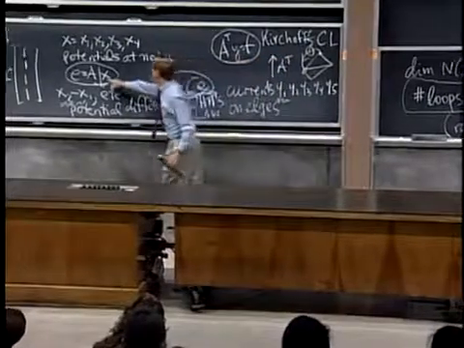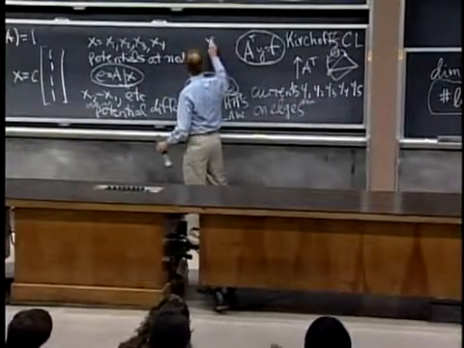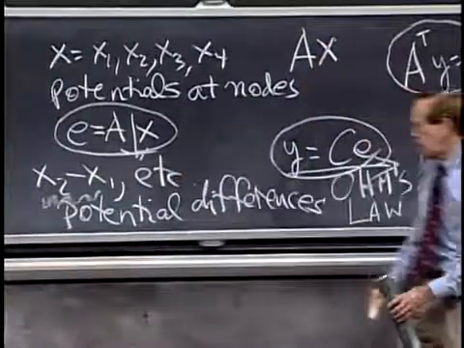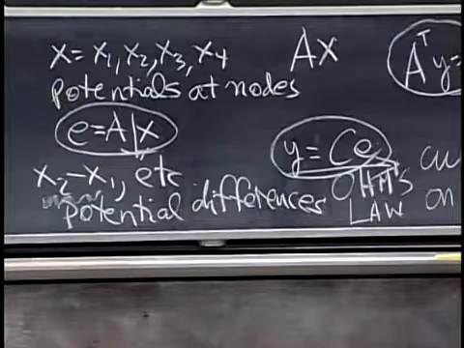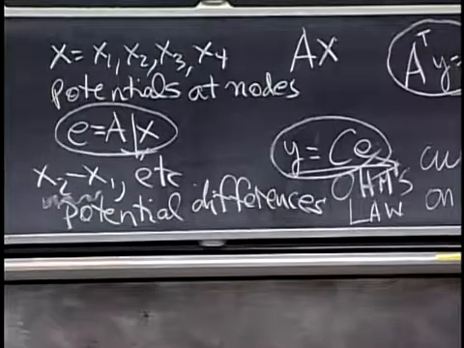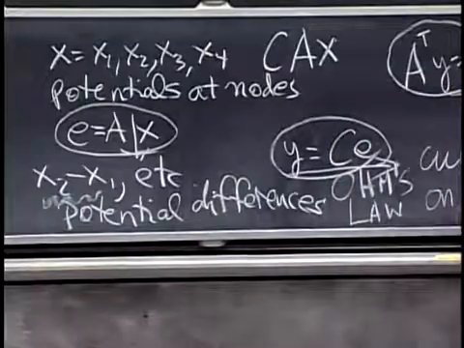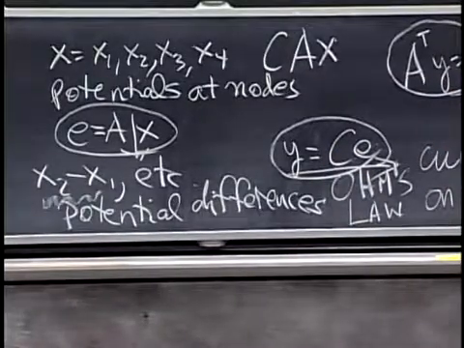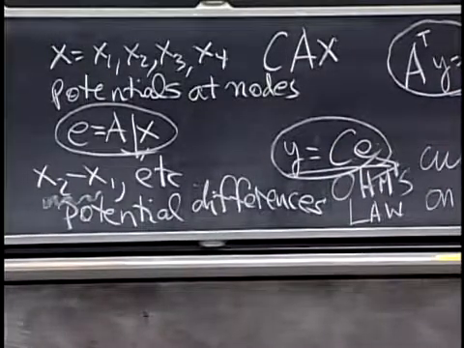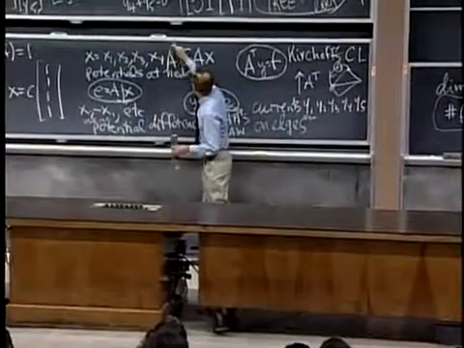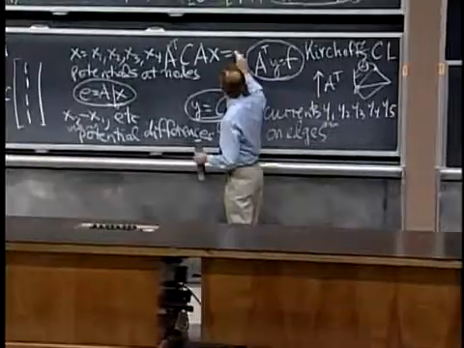So I start with x, my unknown. I multiply by A. That gives me the potential differences. That was our matrix A that the whole thing started with. I multiply by C. Those are the physical constants in Ohm's law. Now I have Y. I multiply Y by A transpose. And now I have F.